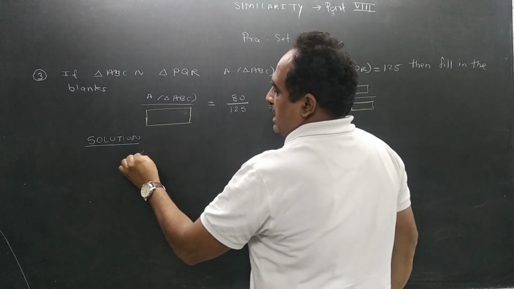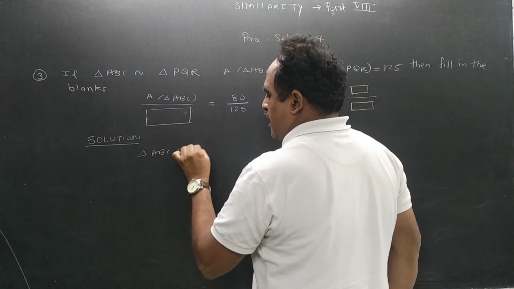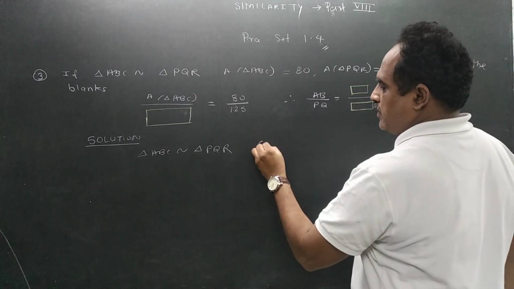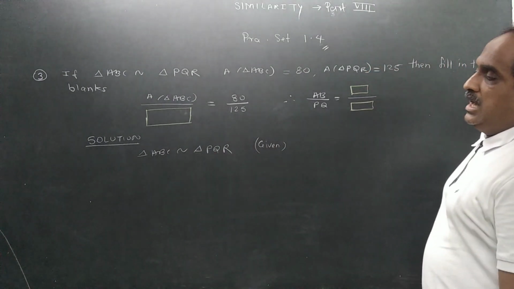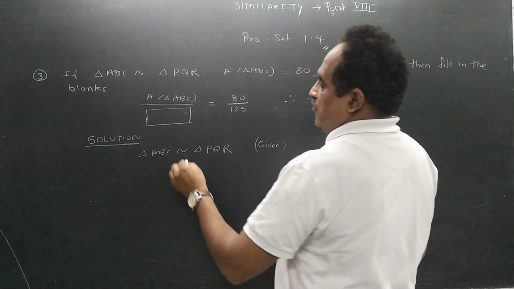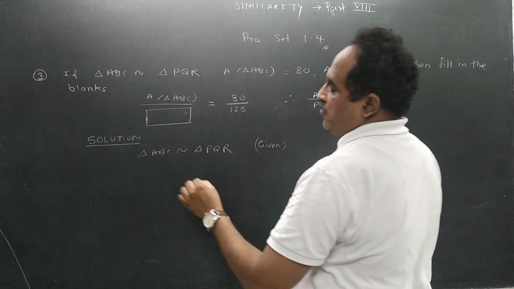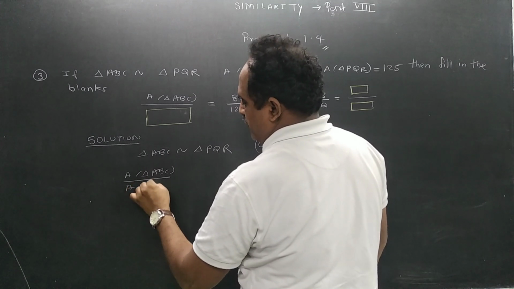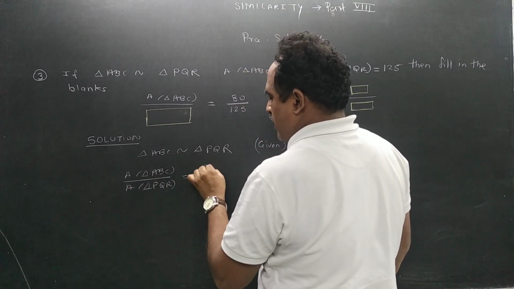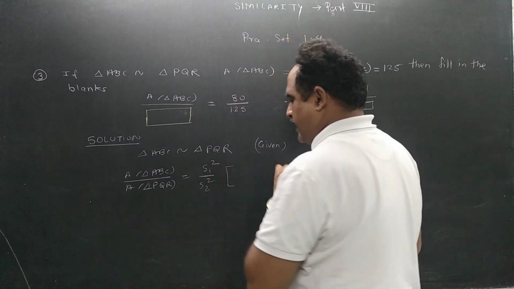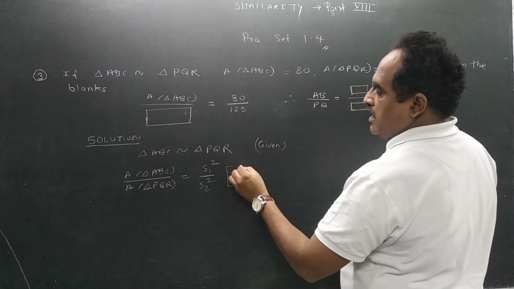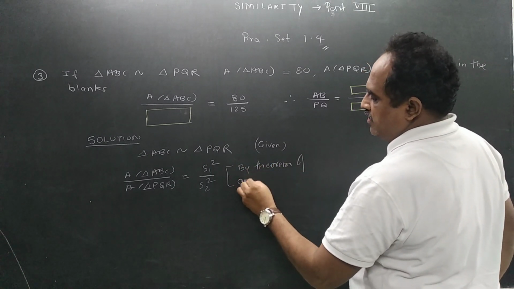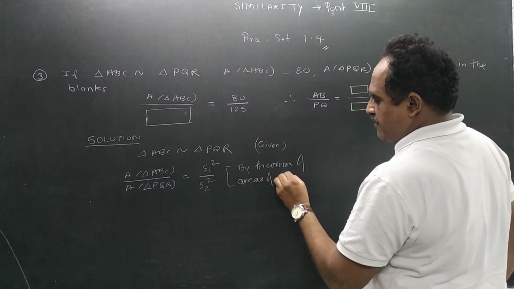What is given? Triangle ABC is similar to triangle PQR. It is given. Now we know that once they ask about the area, then what are you going to write? Area of triangle ABC upon area of triangle PQR is equal to S1 square upon S2 square. The reason for this is by theorem of areas of similar triangles.